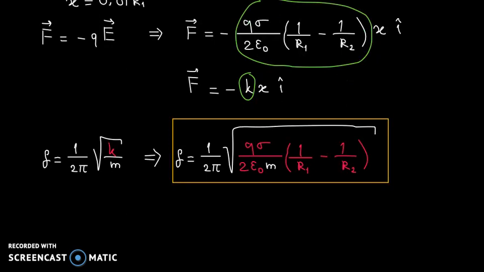And here's my final result. I highlighted the expression that represents k in pink, so you can compare the two expressions. I just added a factor of m to the denominator, that's k divided by m in square root, and then we multiply that by 1 over 2 pi to get the frequency of oscillations.